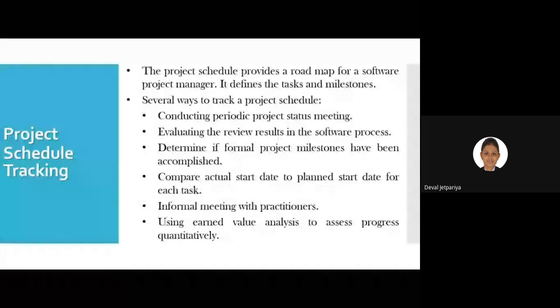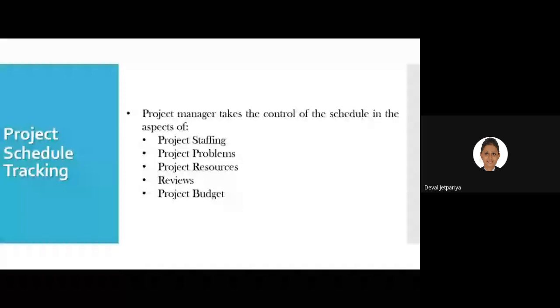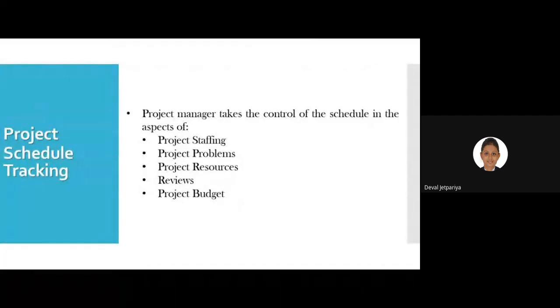Now the next is that the project manager takes control of the schedule in these aspects. The first one is project staffing. He or she is responsible to manage all these details. Project problems, if we have any problems, obviously we are going to tell our leader, right? Team leader or whatsoever.